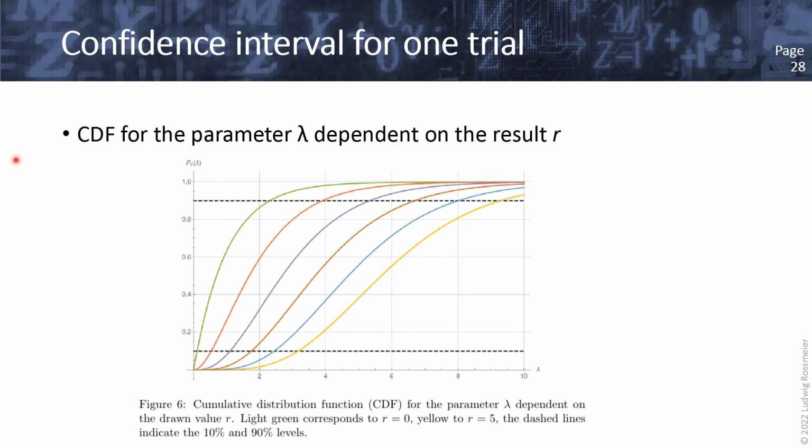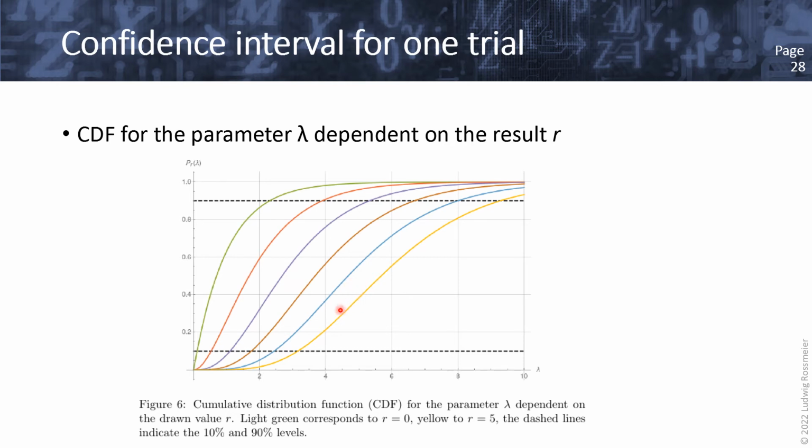How does this look in graphical terms? I put here some graphs for the CDF, which is the cumulative distribution function, for the parameter lambda. Lambda is here, dependent on the result r, and r now is for the green curve 0, for the red curve is 1, and so on.